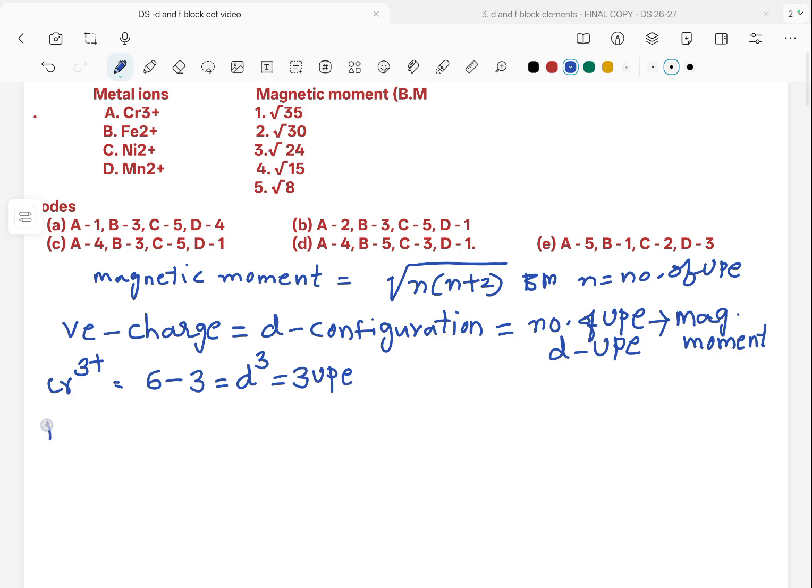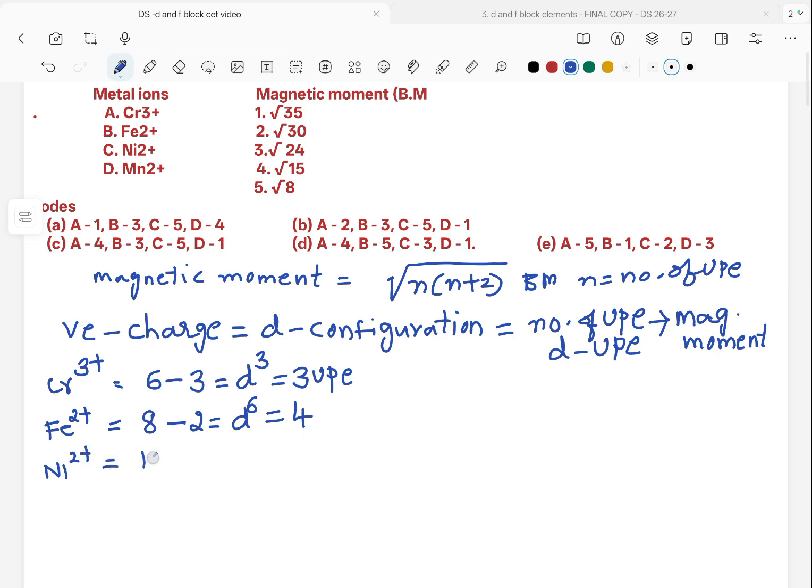The next one is Fe2+. Valence electrons are 8 in number. 2 charge. Then it becomes D6 configuration, where there will be 4 unpaired electrons. Nickel 2+.